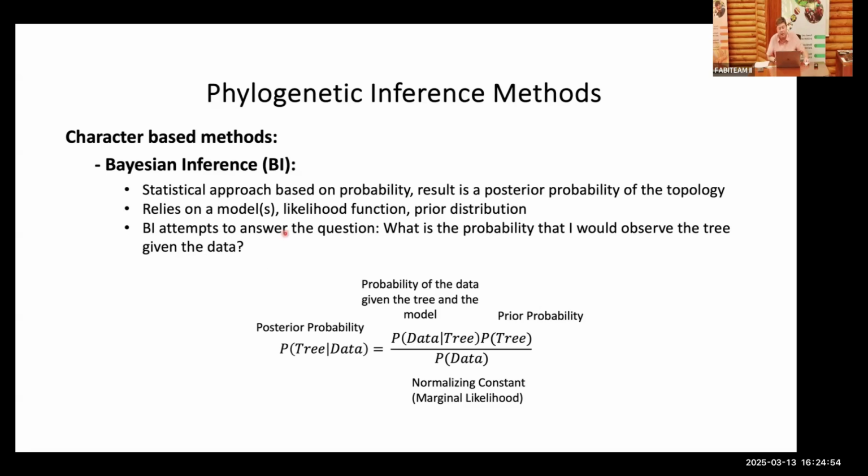So in a Bayesian context, we ask what is the probability of our tree, given the data. So it's slightly different from maximum likelihood conceptually, because we ask now what is the probability of that tree topology, given our data.